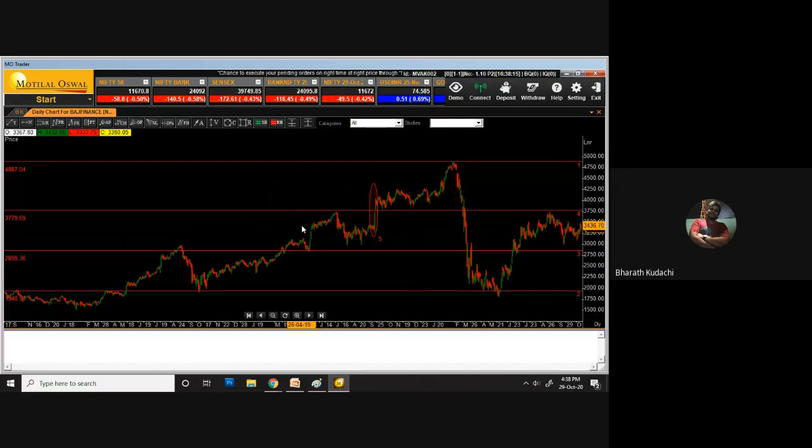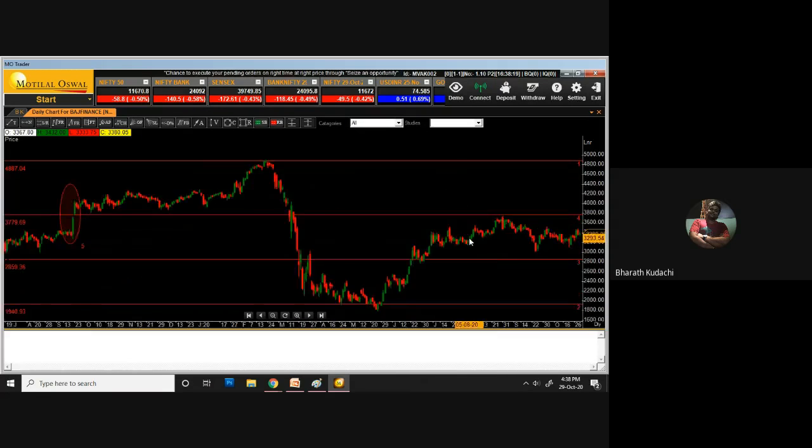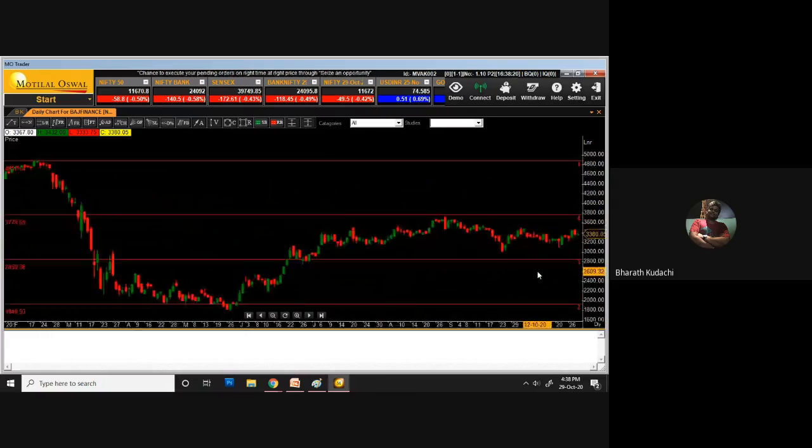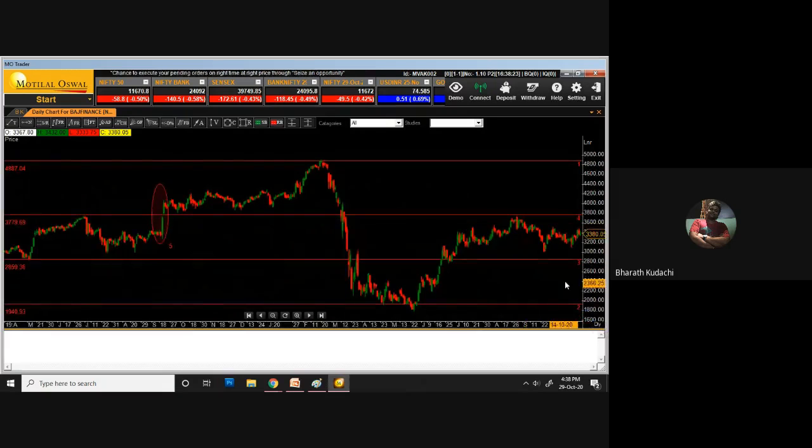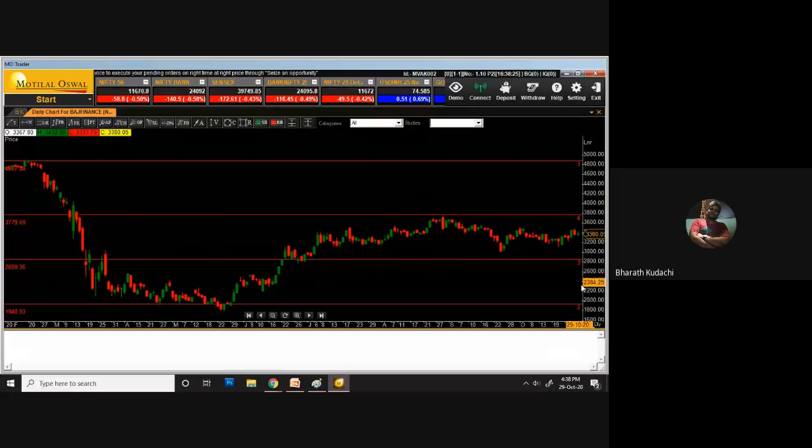Now, how can I use the same support and resistance in today's market? So this is today's, a recent market value that we have got here. By looking at the chart, we come to know that right from the 7th month of 2020 till today, the market is in a sideways trend with not much fluctuation.